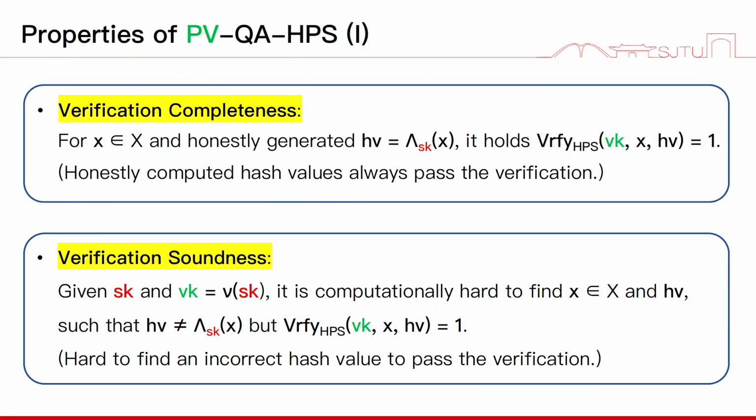We define a set of useful properties for PVQA-HPS. Verification completeness requires that honestly computed hash values always pass the verification, and the verification soundness ensures that it is computationally hard to find an incorrect hash value that passes the verification.